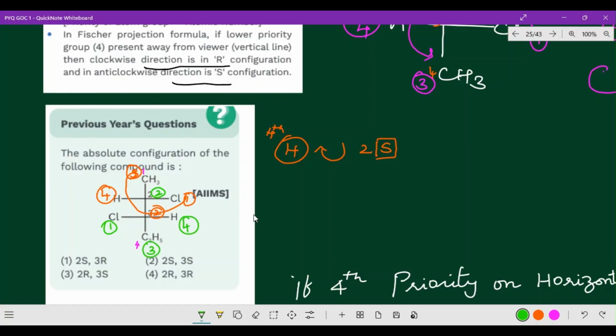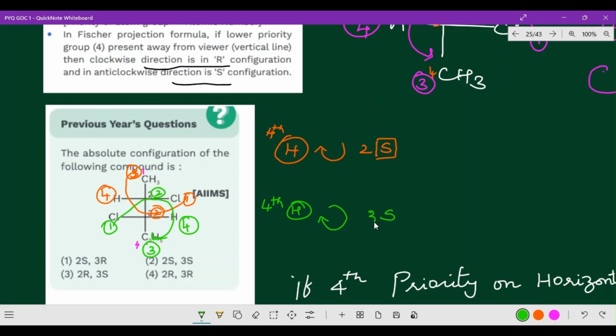Here also the fourth priority is on the horizontal line, and 1, 2, 3 and 4 give a clockwise rotation only. So it is clockwise, which means here also S.